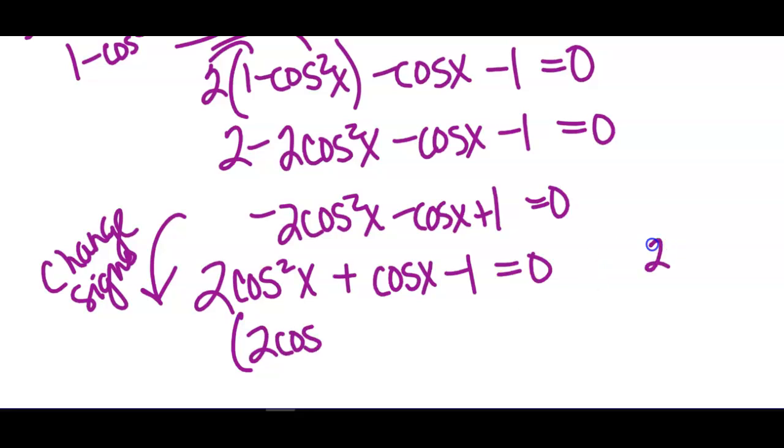Remember, this is like a 2c squared plus c minus 1. That would factor 2c times c, a 1 and a 1. Let's see, to get a positive in the middle, you need a plus here and a minus here. Let's see, 2c minus 1c is 1c in the middle. Oop, I lost an x.